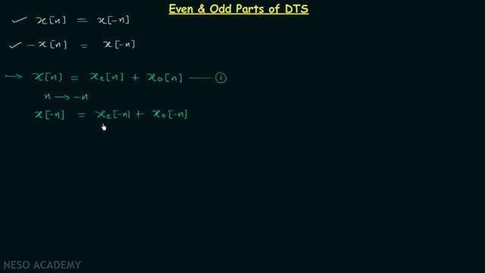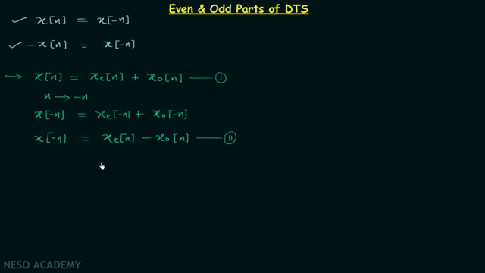This means xe[-n] will be equal to xe[n], and xo[-n] according to this will be equal to minus xo[n]. Therefore, in the next step we will have x[-n] on the left hand side, and on the right hand side we will have xe[n] minus xo[n]. Let's call this equation number 2.